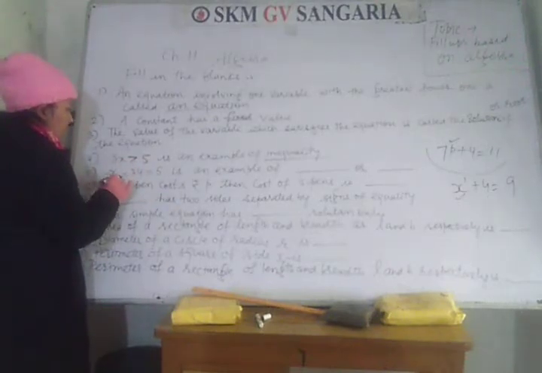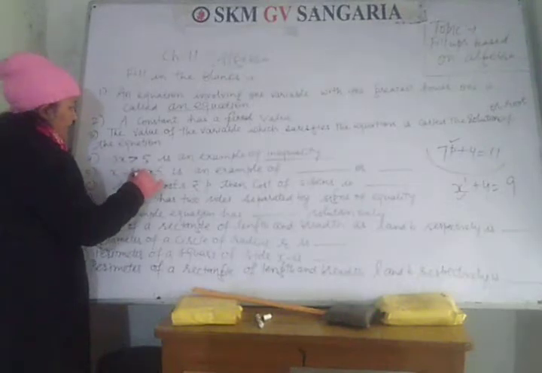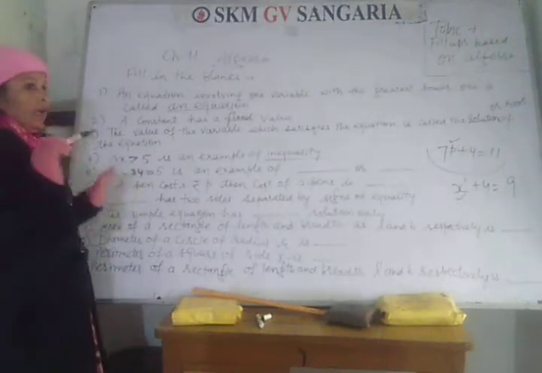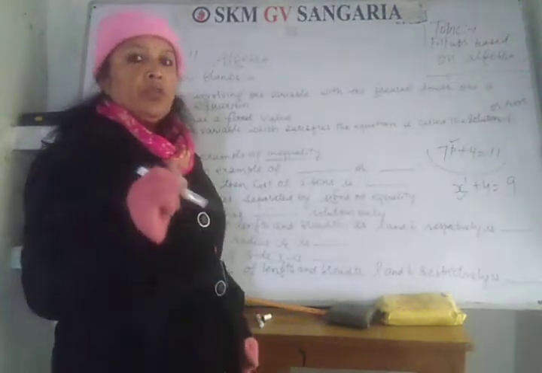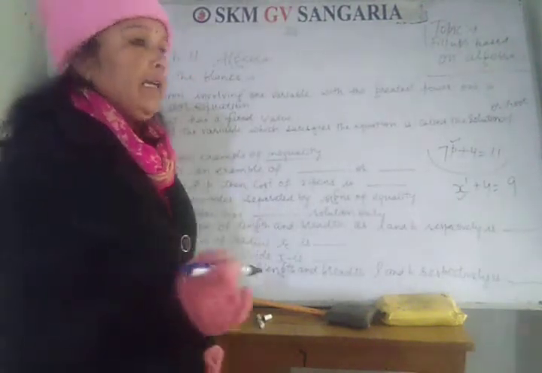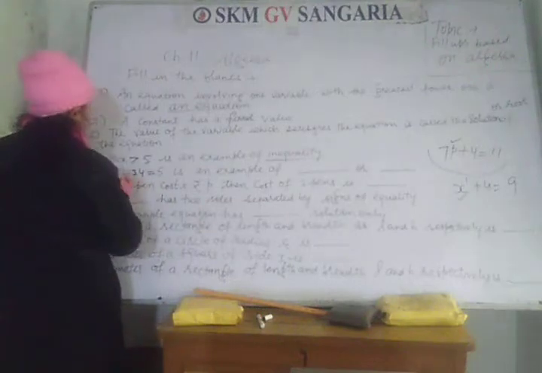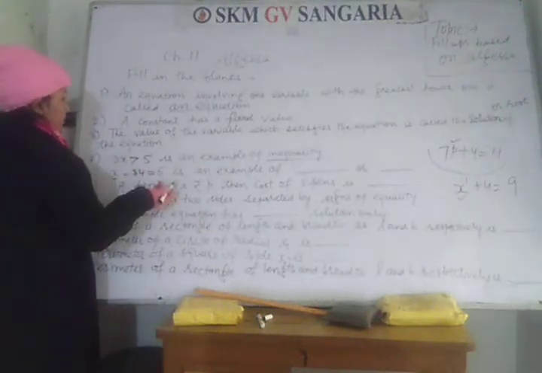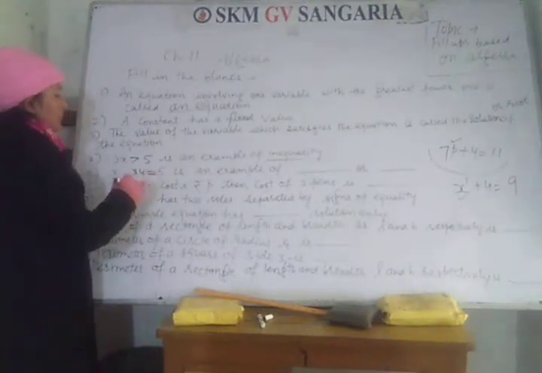So here, x minus 34 is equal to 5. For an equation, there is the condition of a variable and an equality sign. So both are here. The variable x is there, constants are also there, and the equal to sign is there.